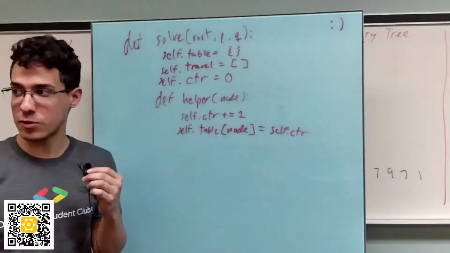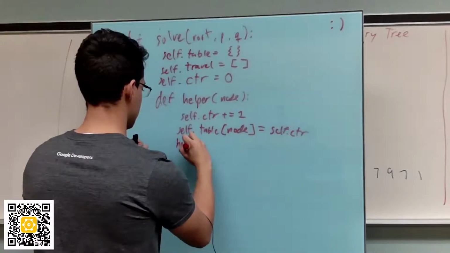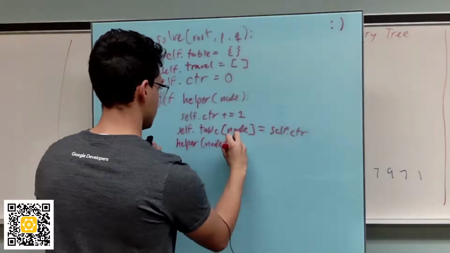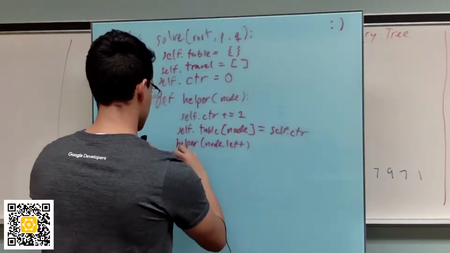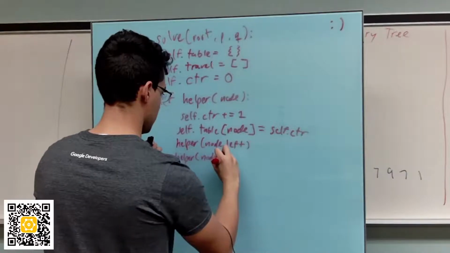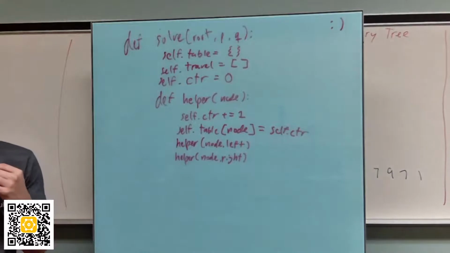And so what do we do then? Well, then we have to go to the left and right and do that. Helper, right. All good so far, right? You don't think any problems are going to be made?